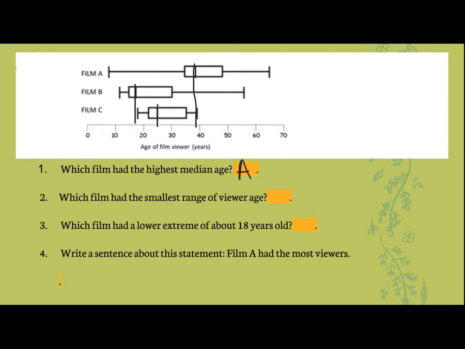Remember, range is your highest minus your lowest. So which one has the minimum and the maximum closest together? It would be film C, because this is the closest together, the smallest range.